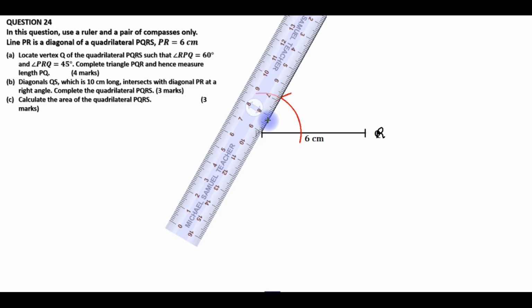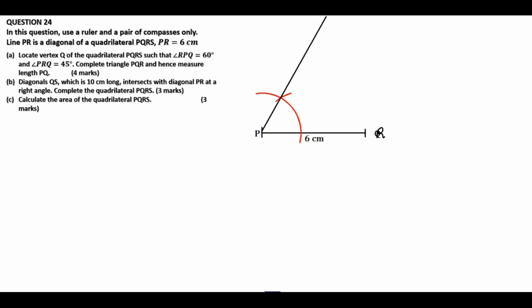So I have joined that point. Then this angle is 60 degrees. Then at R also, I'm going to construct 90 degrees first, then from there bisect it to construct an angle of 45 degrees.